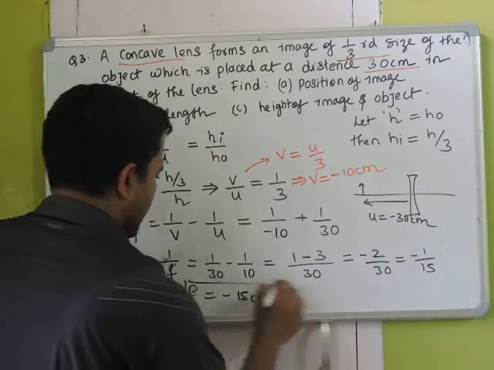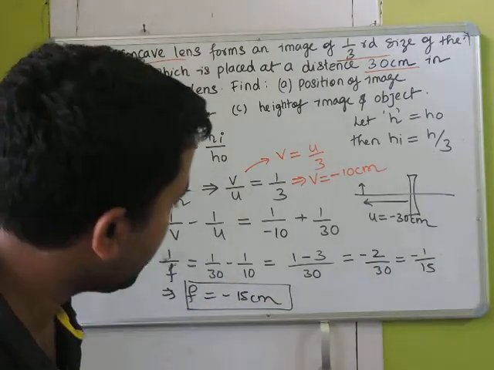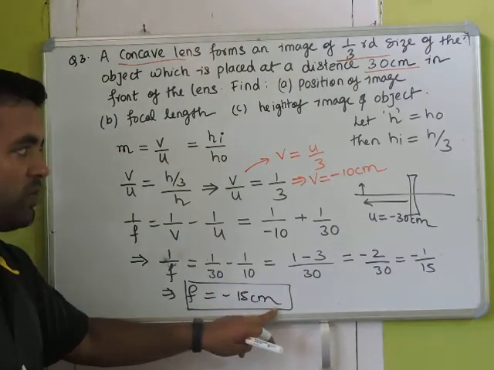Now the focal length of a concave lens is negative, that's why the focal length is coming out to be negative.